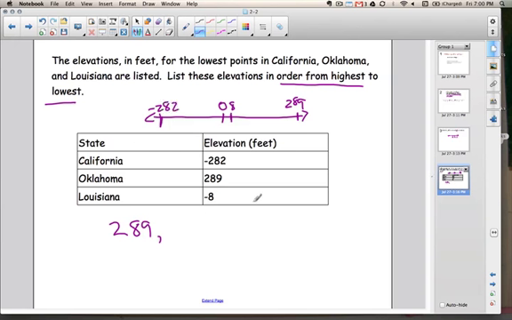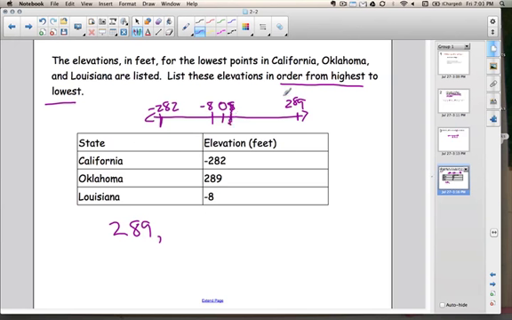So if I were to put these numbers in order from highest to lowest, I'm just going to start up here at the top where the numbers are the biggest because they're the farthest to the right, and I'm going to go all the way to the left listing them. So 289 is going to go first. Oh, I'm sorry. I made a mistake. It's not +8, it's -8. I'm going to put that over here. Sorry about that.